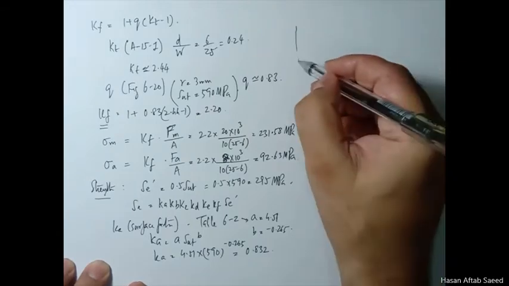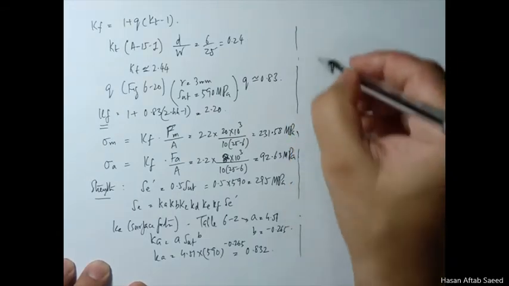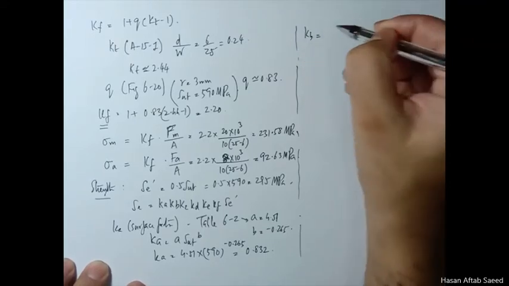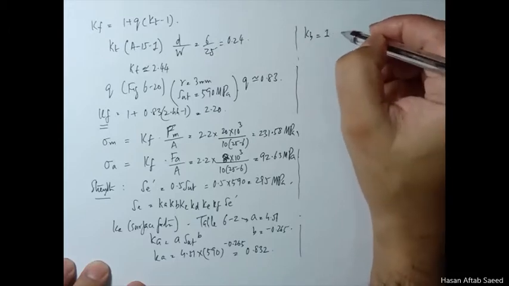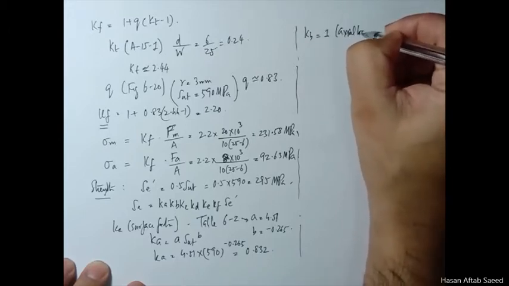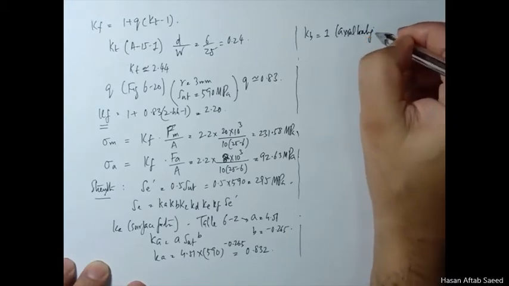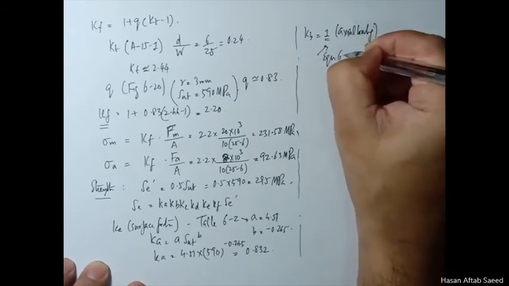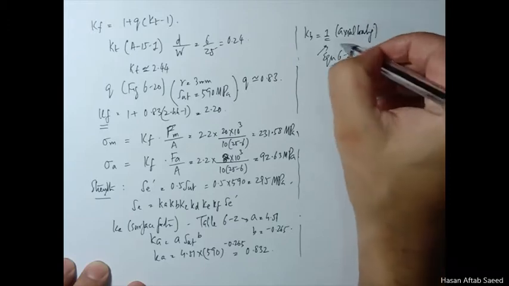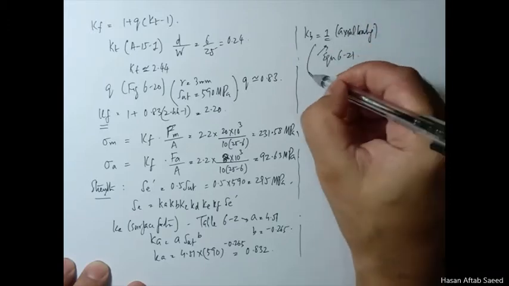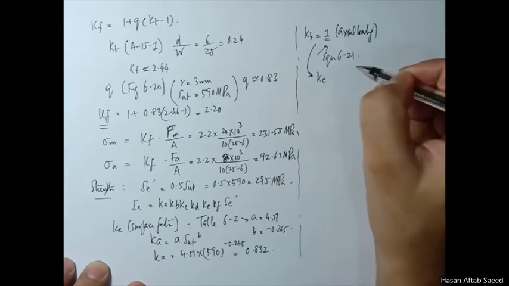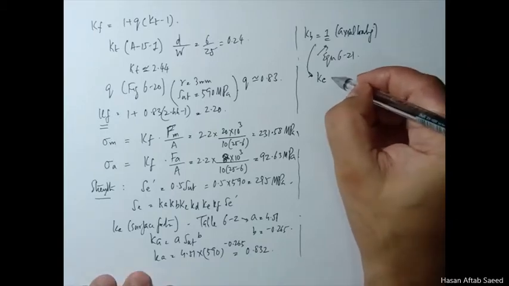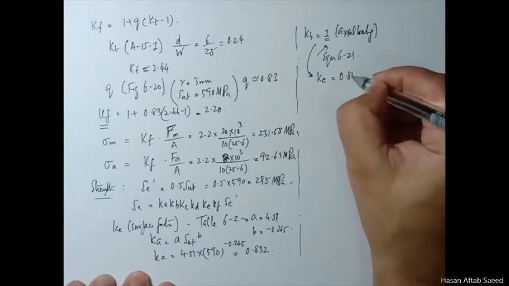Now what about the other Marin factors? Kb is the size factor. You just make it equal to 1 because it's axial loading, and in axial loading you simply use one value, and this is equation 6.21. And why we make it equal to 1 is because we have to go to Kc anyway. Kc is the load factor, and Kc for this case is 0.85 because it's axial loading.